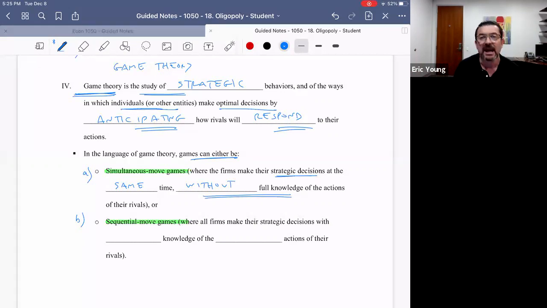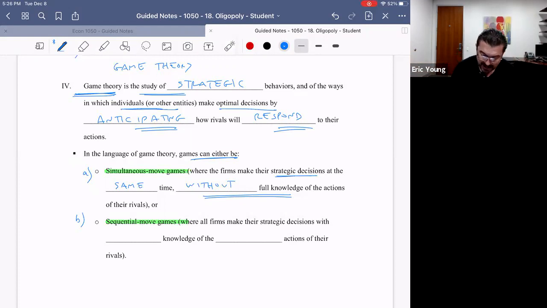So a simultaneous move game, it's not just about the fact that you and your rival make the decision at the same time, kind of like a kid playing rock, paper, scissors. It's that in a simultaneous move game, you're forced to make decisions without full knowledge of what your opponent is doing.